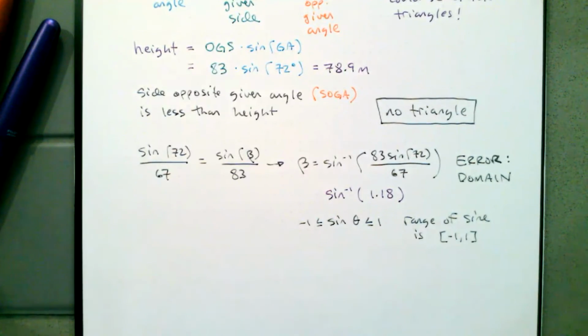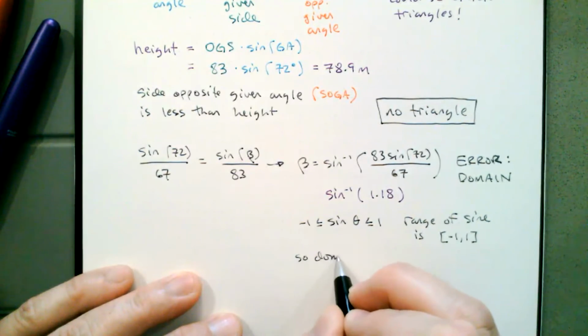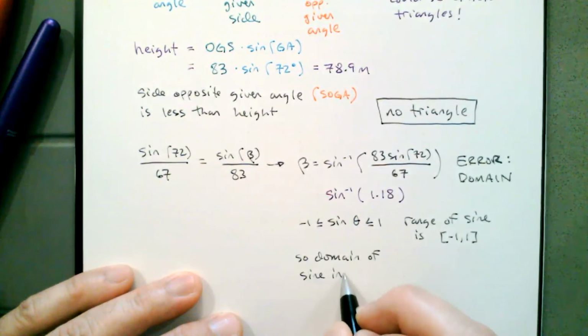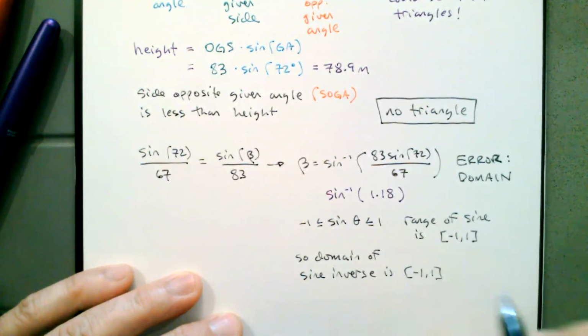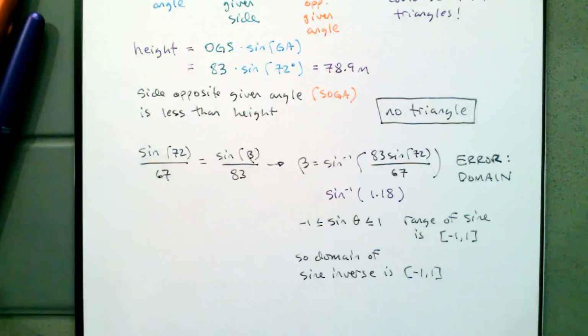The range of sine is from -1 to 1. So the domain of sine inverse is from -1 to 1. Another way to think about it, the side opposite cannot be greater than the hypotenuse.